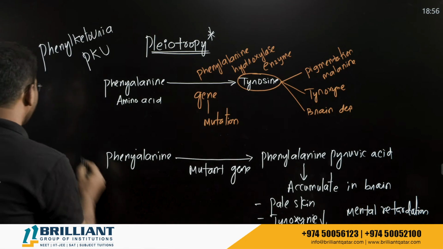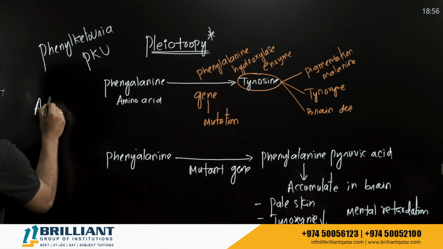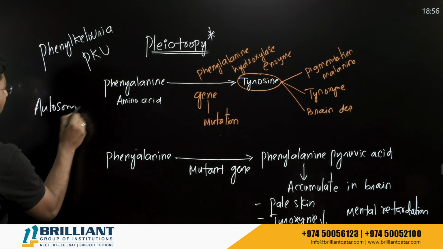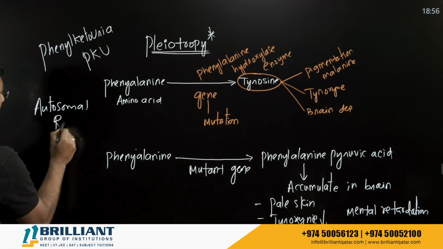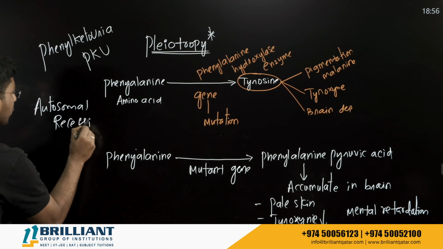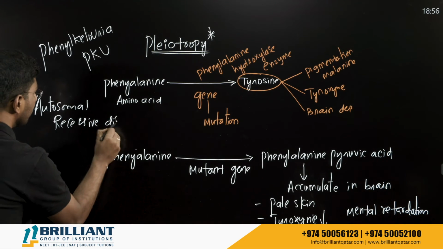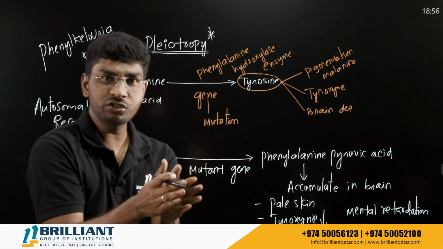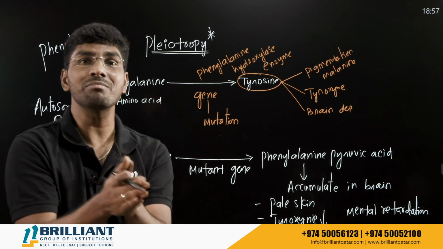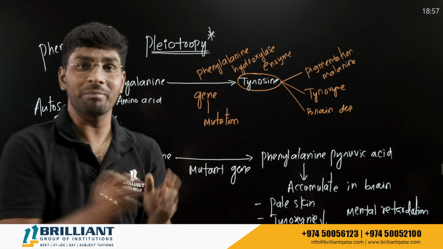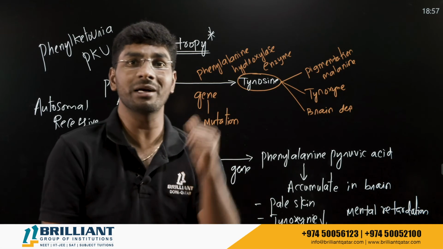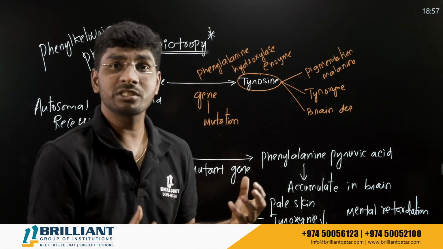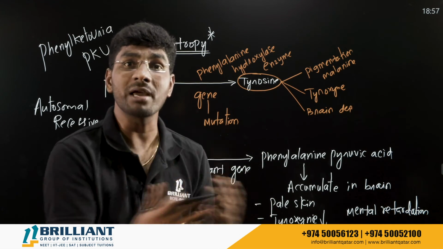So I can also write one more point: this is an autosomal recessive disorder. You got my point? So what exactly happens in pleiotropy? One mutant gene controls many traits. Basically, one gene controls one trait, but under a few circumstances, one gene controls many traits.